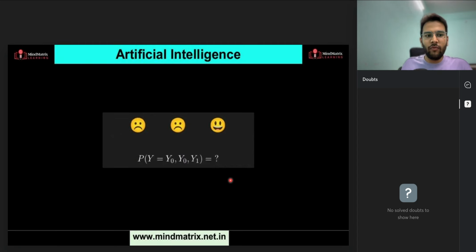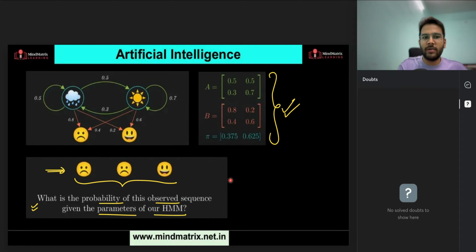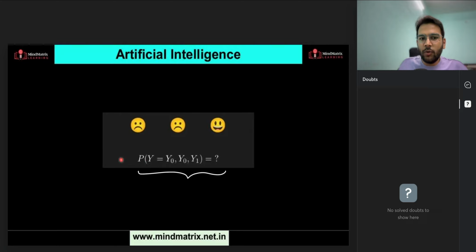Basically, what we are trying to find is just this: the probability of y equal to y0, that means on first day it is y0, on second day also y0, and on third day it is y1. Basically this is your y0, this is your y1, this is your x0, this is your x1. So ultimately you are trying to find this thing only. Yes or no? Correct?